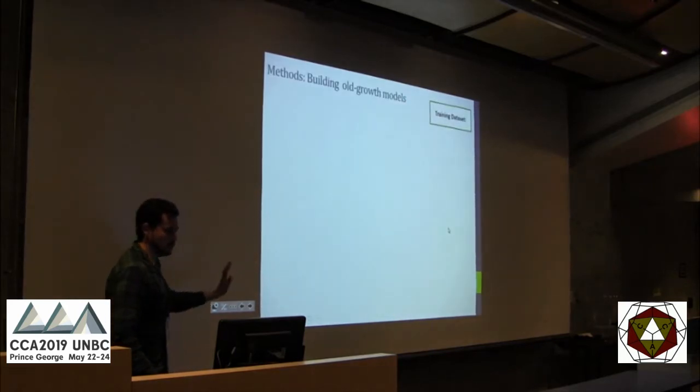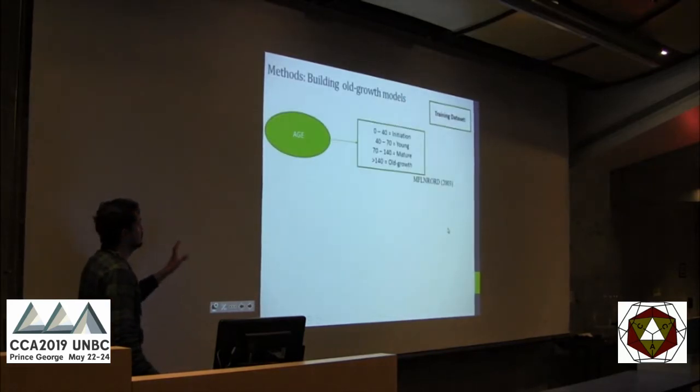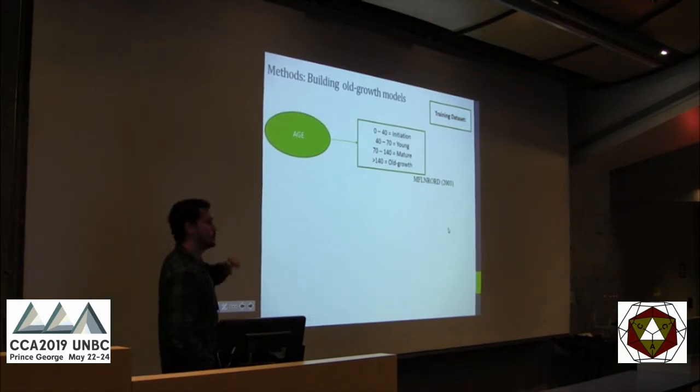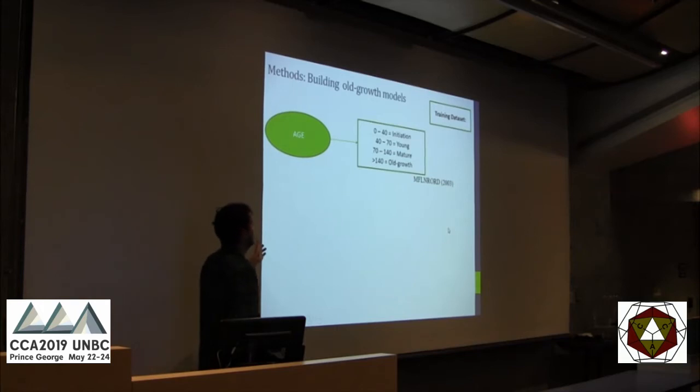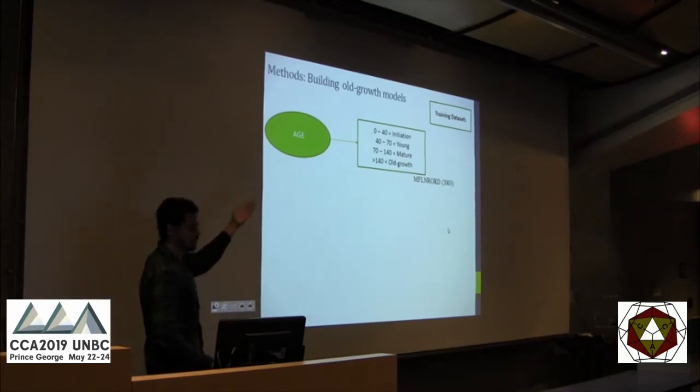Just to break down a little bit more the building blocks of the models. For age, because my study site is in the northern tier forests, old growth is considered over 140 years old. So I have these age classes that I got from Clean Road.